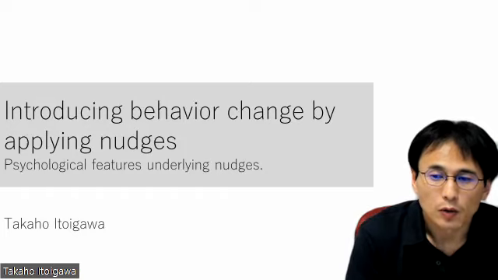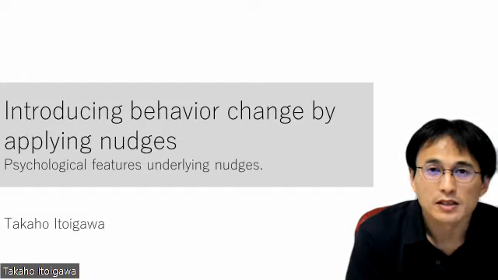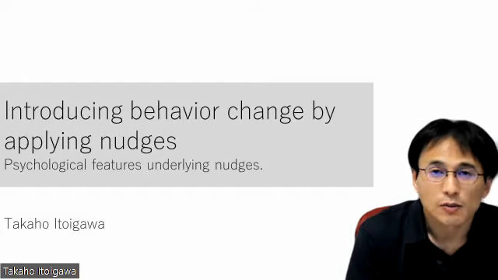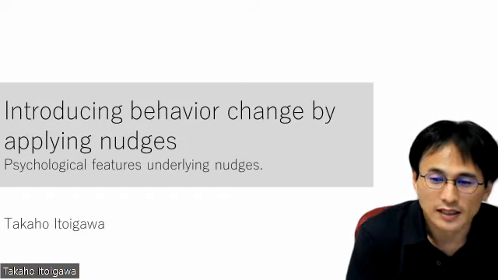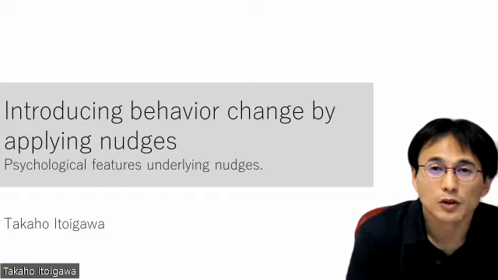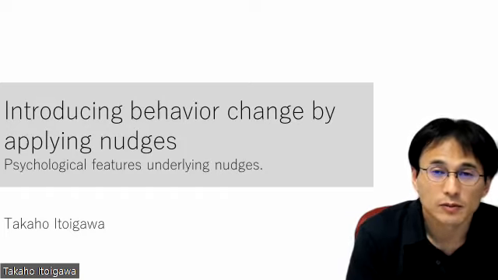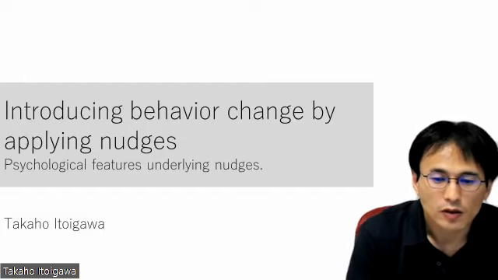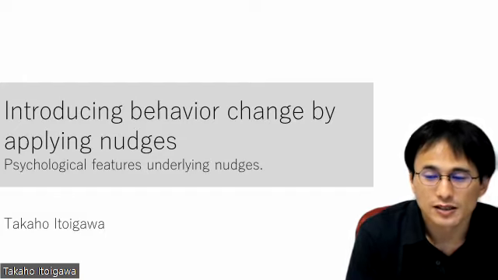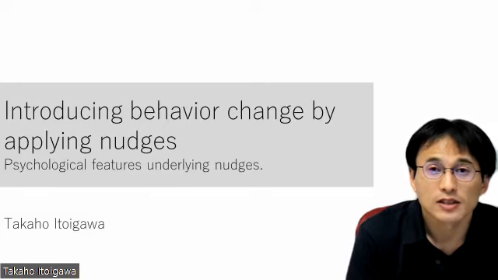However, the relationships between these disciplines are not explicitly stated so much. Therefore, this video provides an overview of the relationships between fields such as behavioral economics and cognitive psychology. I will not go into details, such as academic definitions, so please feel free to listen. So let's get started.